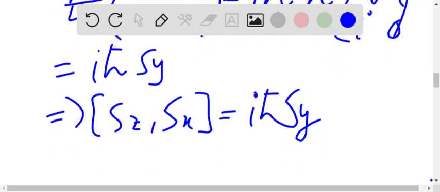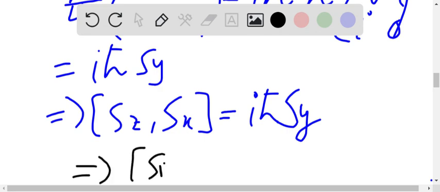So from here we can conclude that the commutator of S i and S j, where i and j can be any of x, y, z, is equal to i ħ.